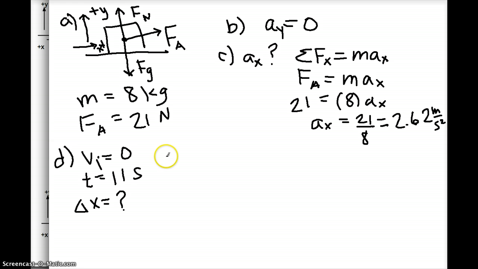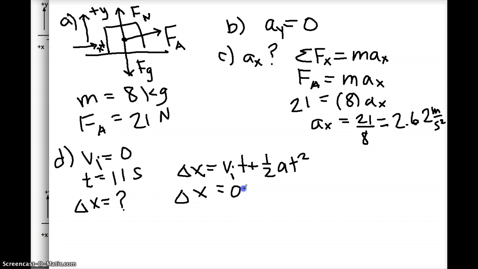Looking over my equation sheet, using what I know to figure out what I don't know, I think the best thing I can use is this one right here. So to find out what the change in position is, I could plug in what I know about initial velocity and time and acceleration.